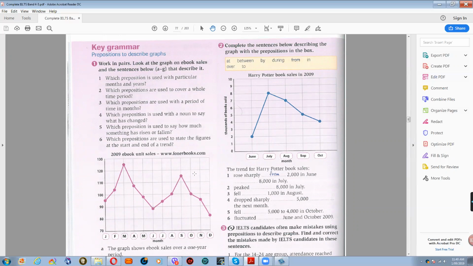Prepositions to describe graphs. Working in pairs. Look at the graph on ebook sales, and the sentences A to G that describe it.